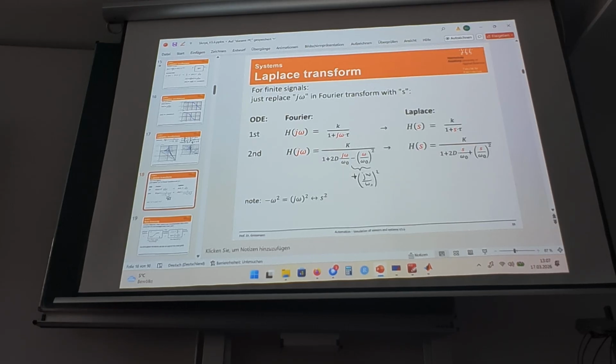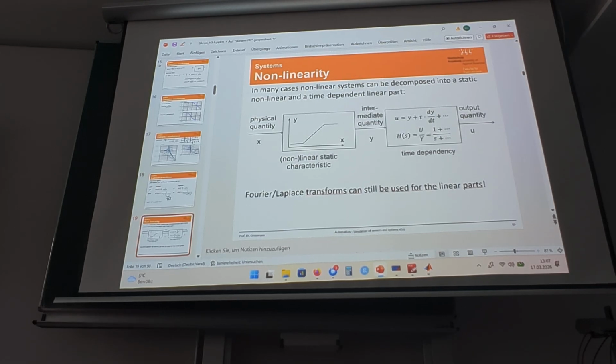And that's why we find also here then plus s by omega 0. So this is not an error, this must be mathematically like that. Okay, so that was system theory in short.